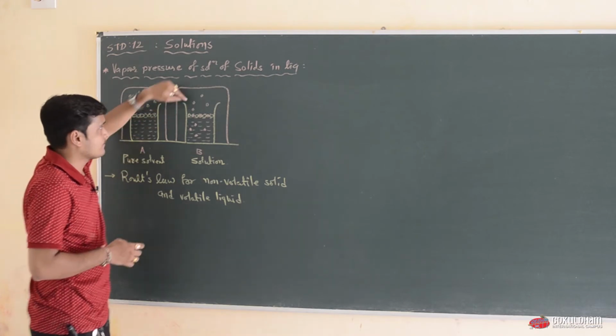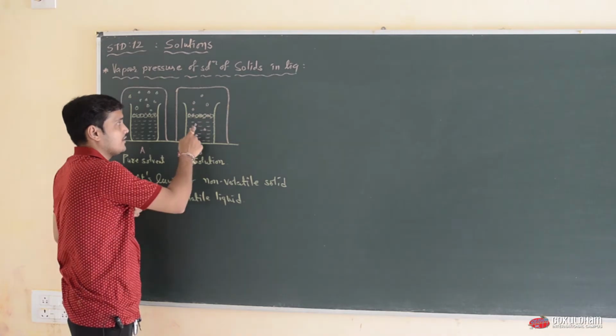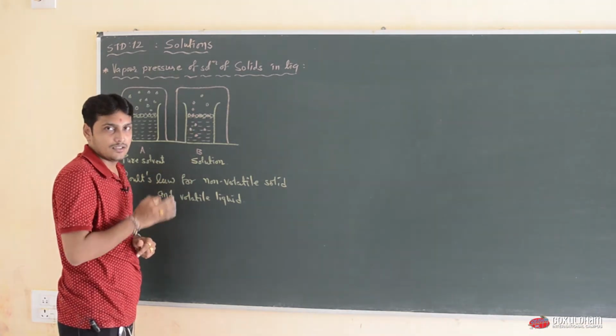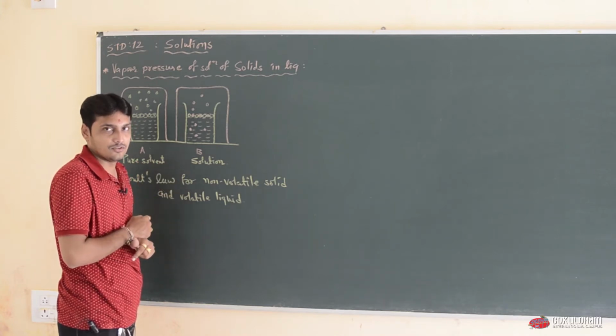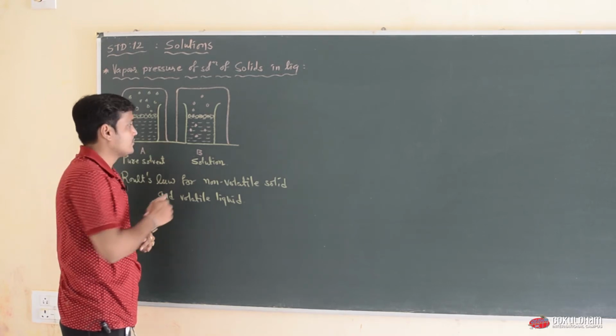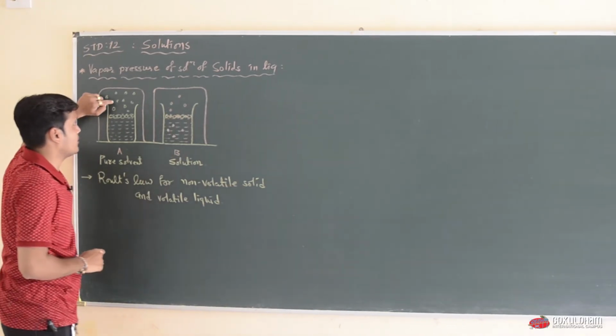But in the solution, when solvent particles undergo volatilization, at that time the solute particles attract the solvent molecules towards the solution, so in the down direction. So the vapor pressure is less than pure solvent.